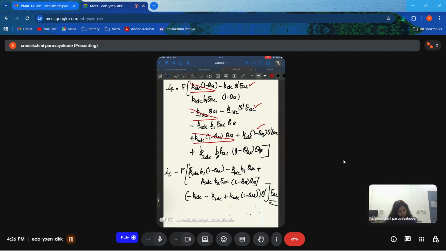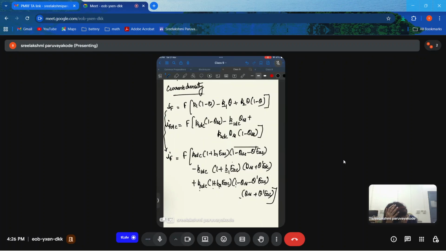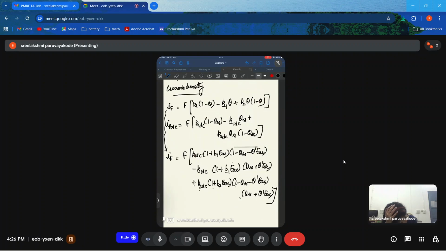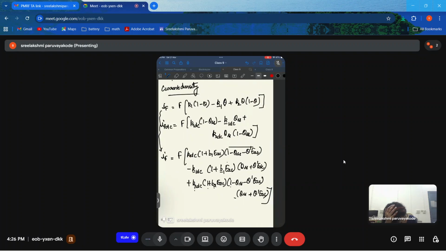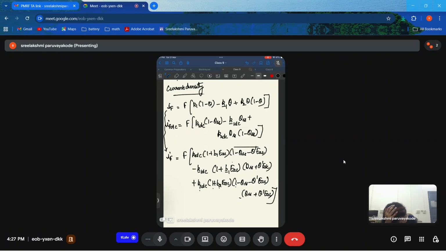Yeah, that is K2 dc 1 minus theta SS, theta dash EAC, K2 dc theta dash EAC into theta SS.